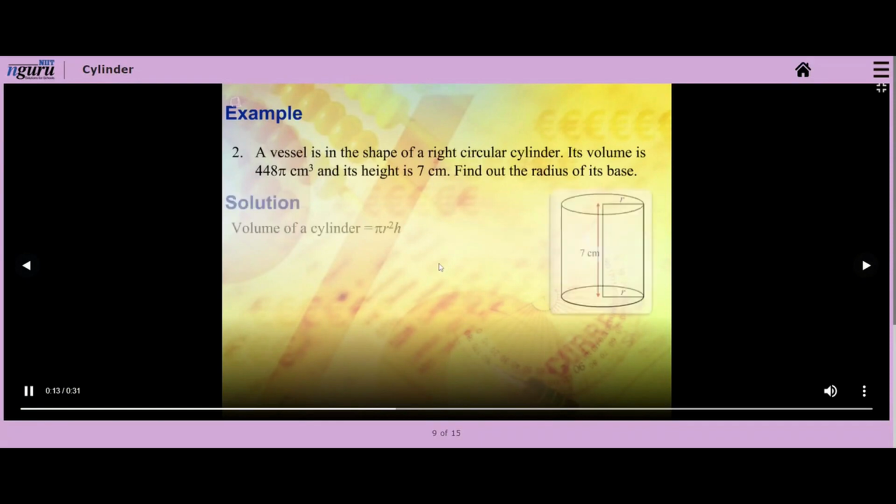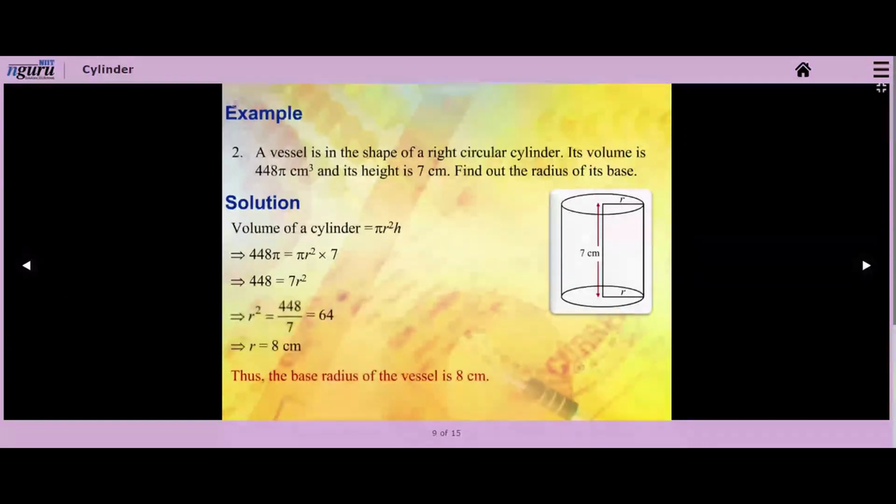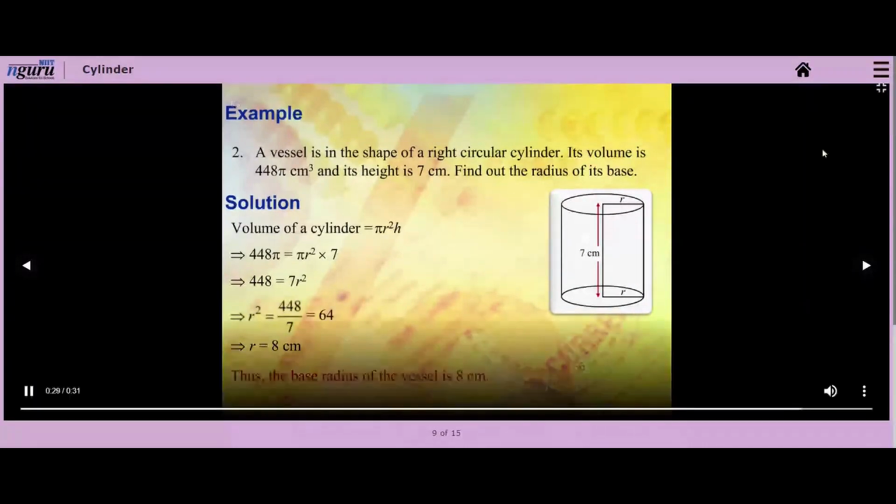We know that the volume of a cylinder is equal to pi r square h. On substitution, we get 448 equal to 7r square. On solving further, we get the base radius of the vessel as 8 centimeters. Correct.